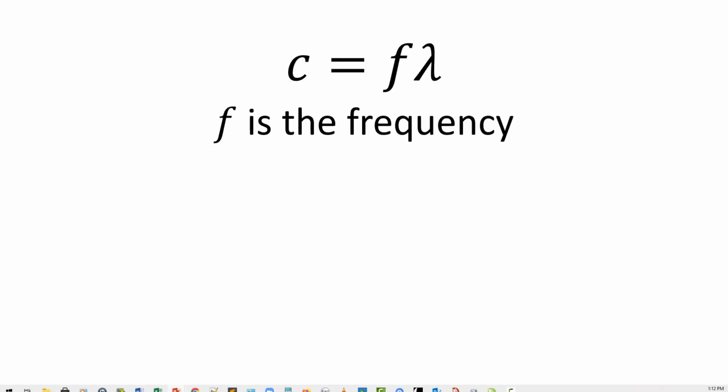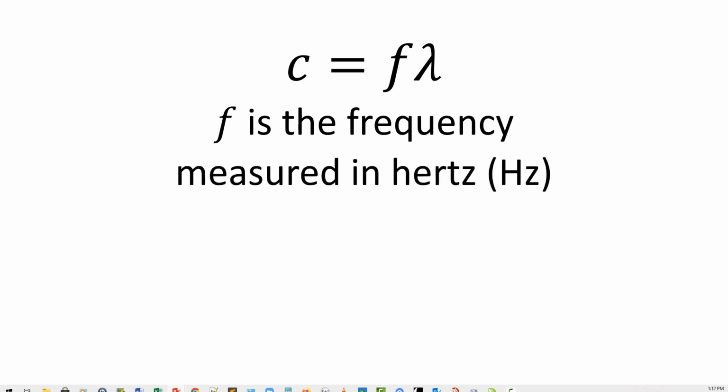Okay, here's our equation for the speed of light. F is the frequency, and we measure frequency in units called hertz. The frequency is the number of vibrations of the wave that happen every second, or the number of repetitions of the wave that happen every second.